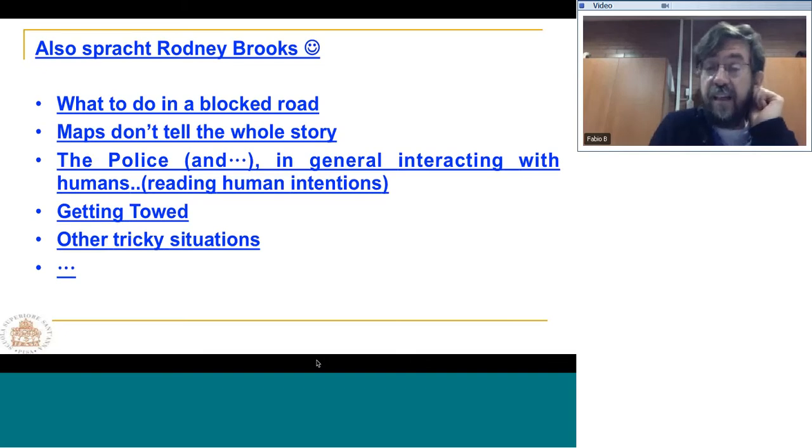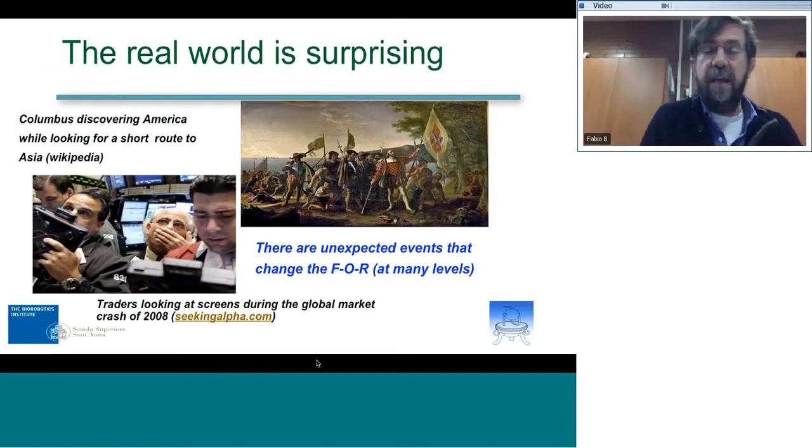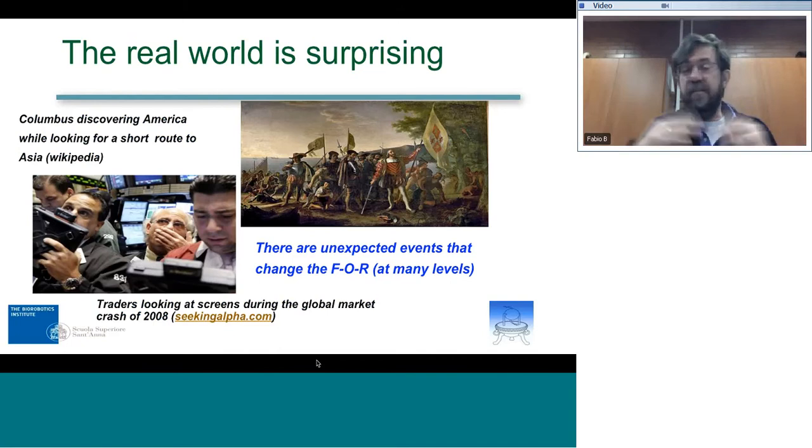What I wanted to say is that all of them are actually variations on the topic of the Dennett experiment. Basically, the real world is surprising, right? Sometimes surprises are good, like when Columbus, on the basis of completely wrong calculations of the diameter of Earth, didn't reach India, but was actually lucky and discovered America.